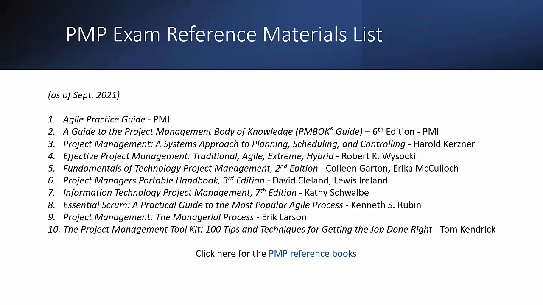If you just type PMP exam reference materials into Google, you'll find PMI.org's website on which these books are listed. So as of today, mid-September 2021, these 10 books are the ones that are officially listed as reference materials for the PMP exam.